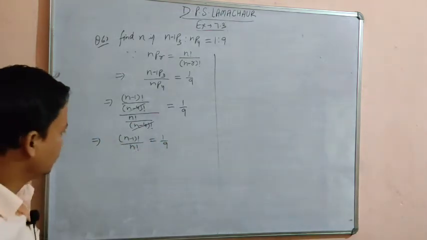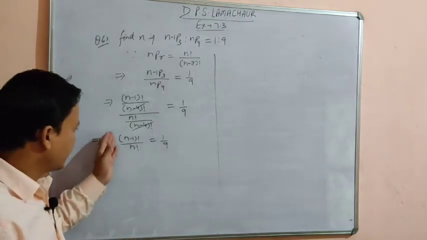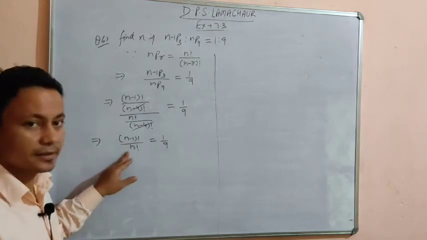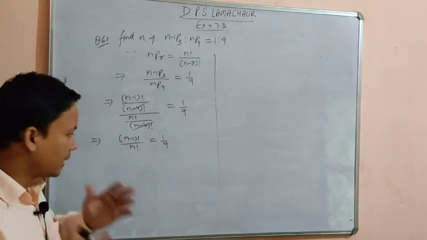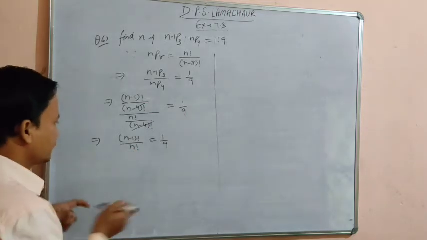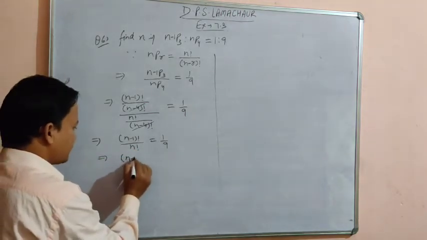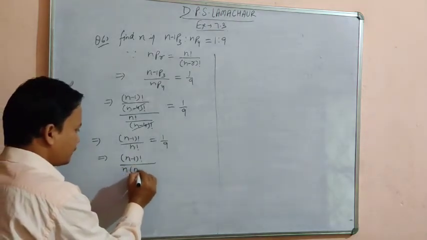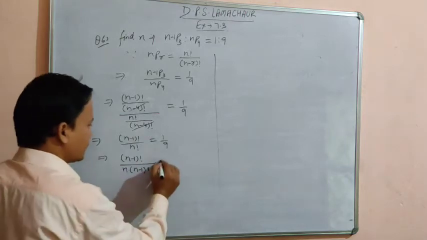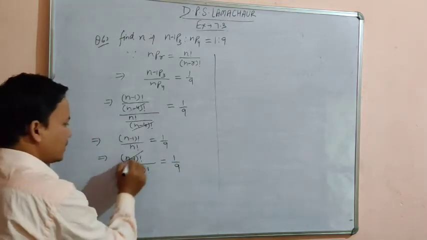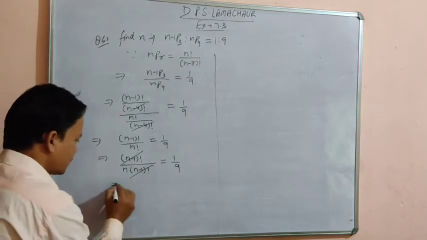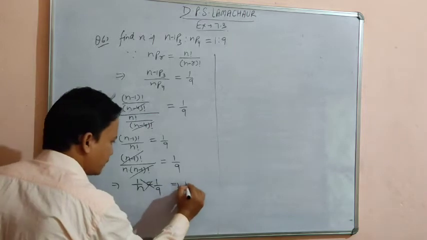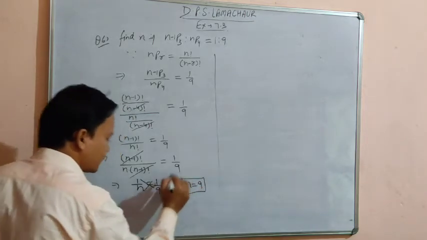Now see, n-1 and n, which is the greater number? n is greater than n-1, so we have to reduce n factorial. Break it as n into (n-1) factorial, equal to 1/9. (n-1) factorial cancels out, so 1/n equal to 1/9. On cross multiplying we get n equal to 9. This is the required answer.